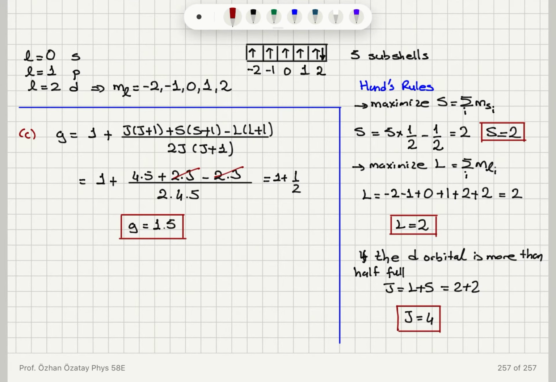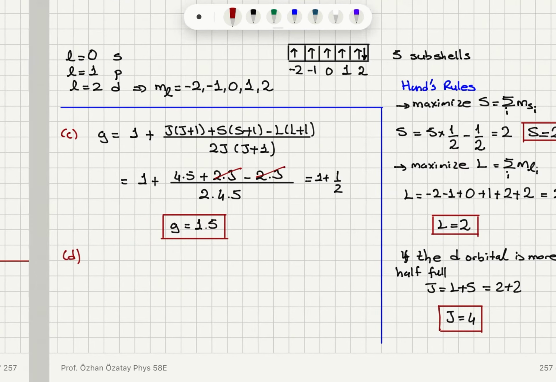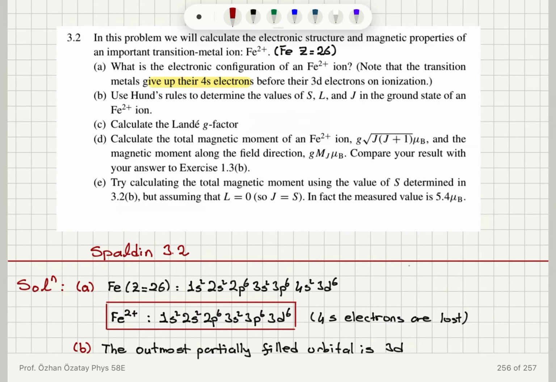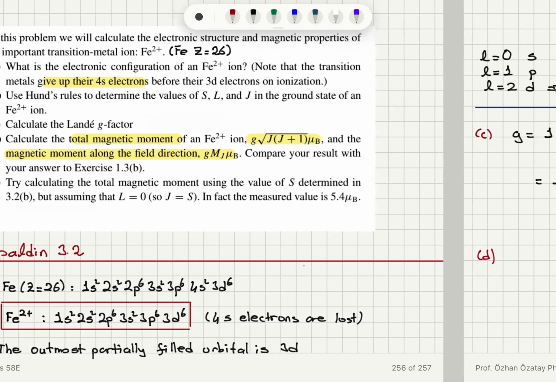And let's move on to part D. Calculate the total magnetic moment, g square root J(J+1), and the magnetic moment along the field direction. Compare your result with your answer to exercise 1.3b.